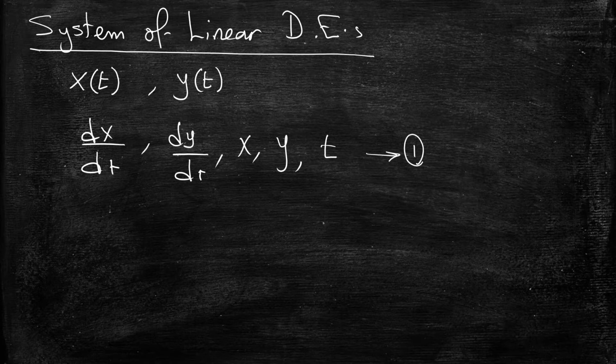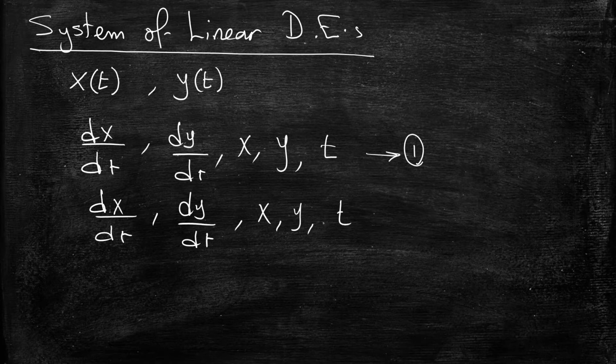If we have two variables, as in this case, we should have another equation to get a unique solution. So for example, we can have another equation between, again, dx by dt, dy by dt, x, y, and some function of t. This is the second relation.